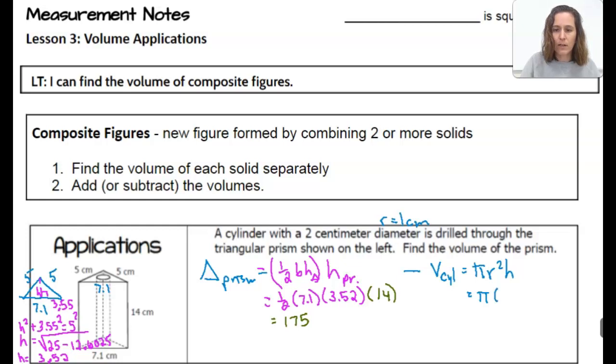So I have 1 squared times the height, which is the same as the prism, which is 14. When we combine all that, we get 14 pi. And then in my calculator, you would type in 175 minus 14 pi. That would give you a more exact answer. And when you round that, you would get 131 centimeters cubed.